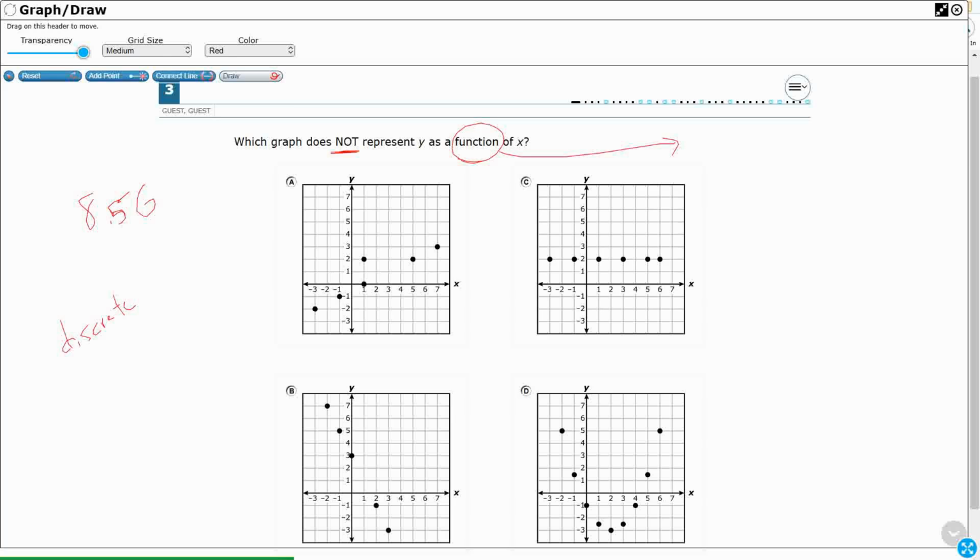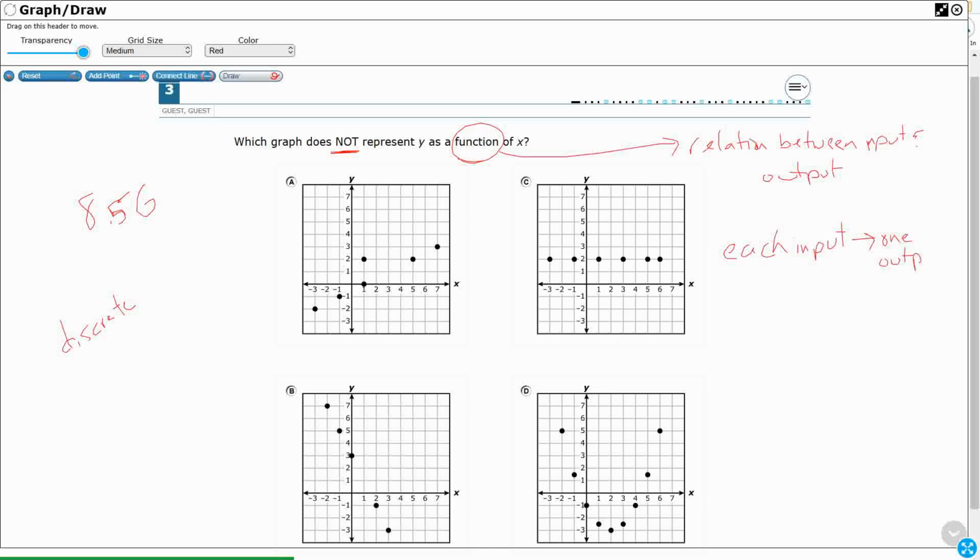So a function is a relation, or a relationship, between input and output values. So most of the time, we're going to look at x and y values. So input and output. Now, there's one key thing between this relation between the input and the output values, where each input, here's our key, leads to exactly one output.